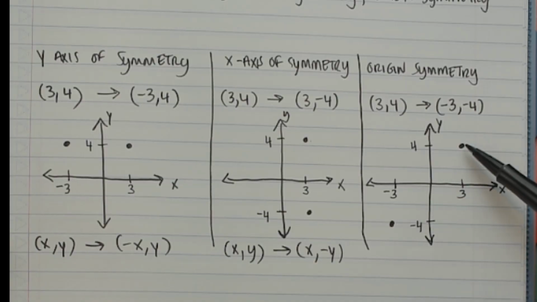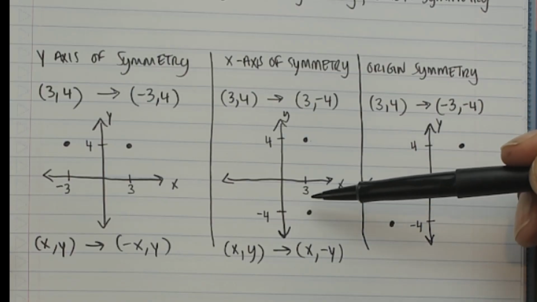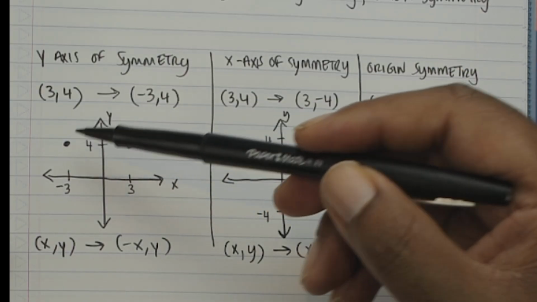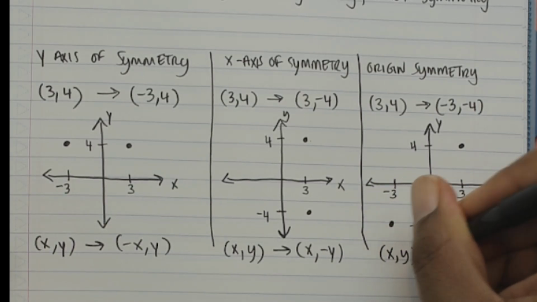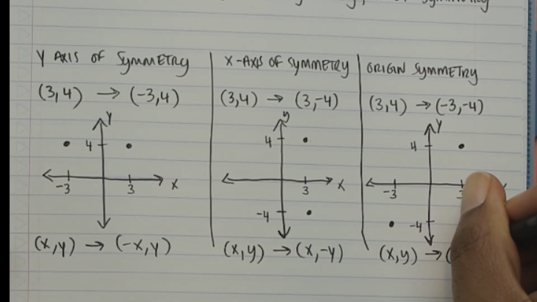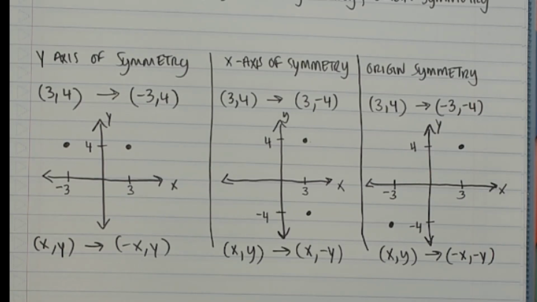So notice reflective across the origin, reflective across the x-axis, reflective across the y-axis. The way this would look is (x, y) tends to (-x, -y). So both coordinates change sign.